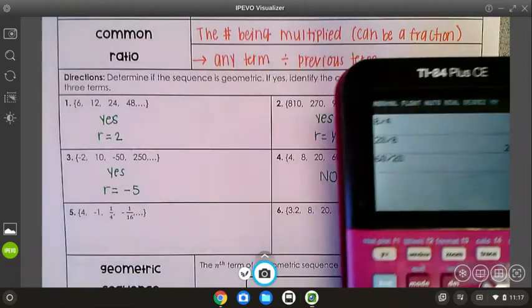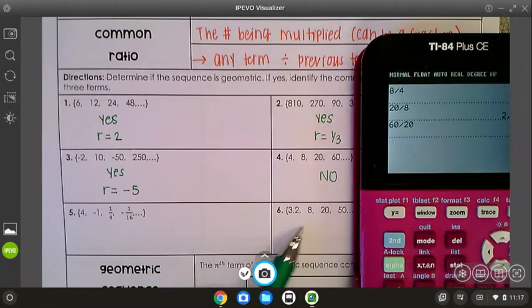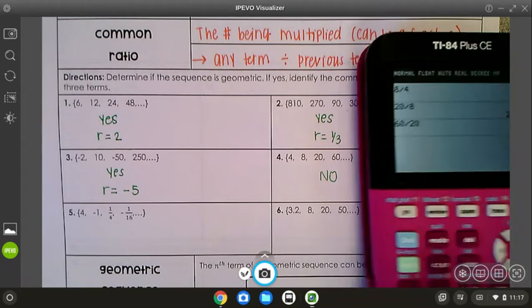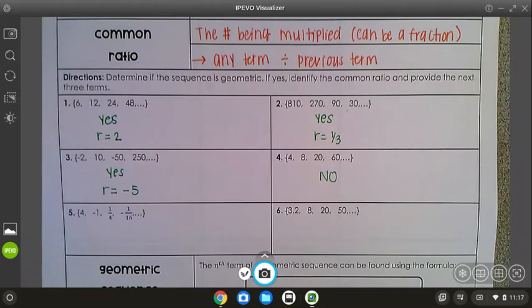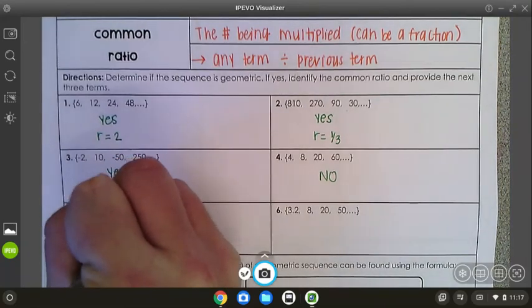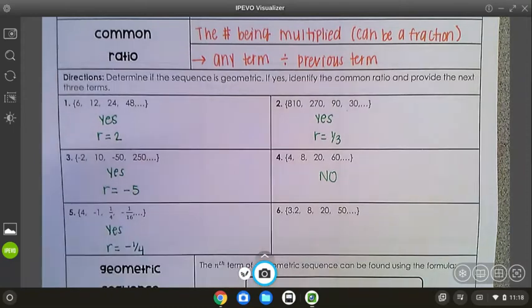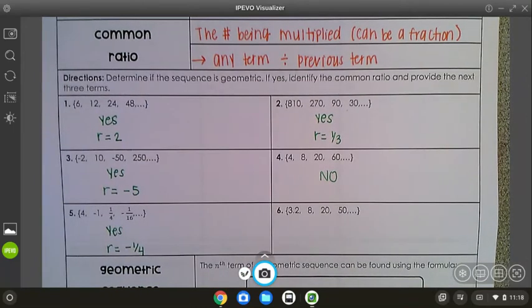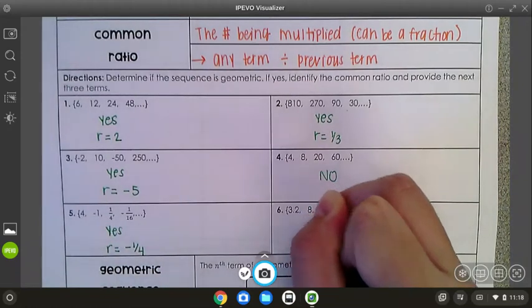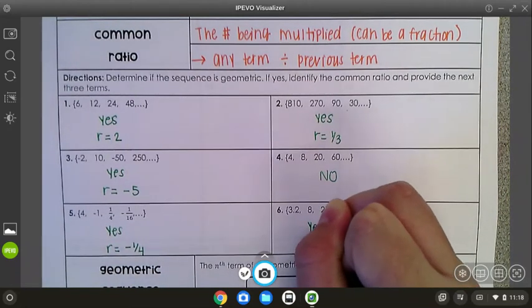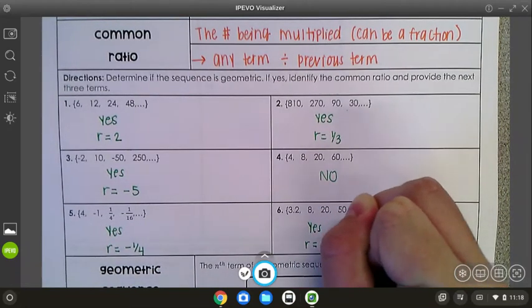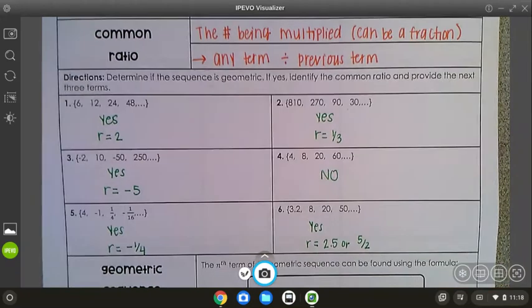All right, pause the video and try numbers 5 and 6. So number 5, you should have got yes with r equal to -1/4. And number 6, you should have got yes with r equal to 2.5 or 5/2.